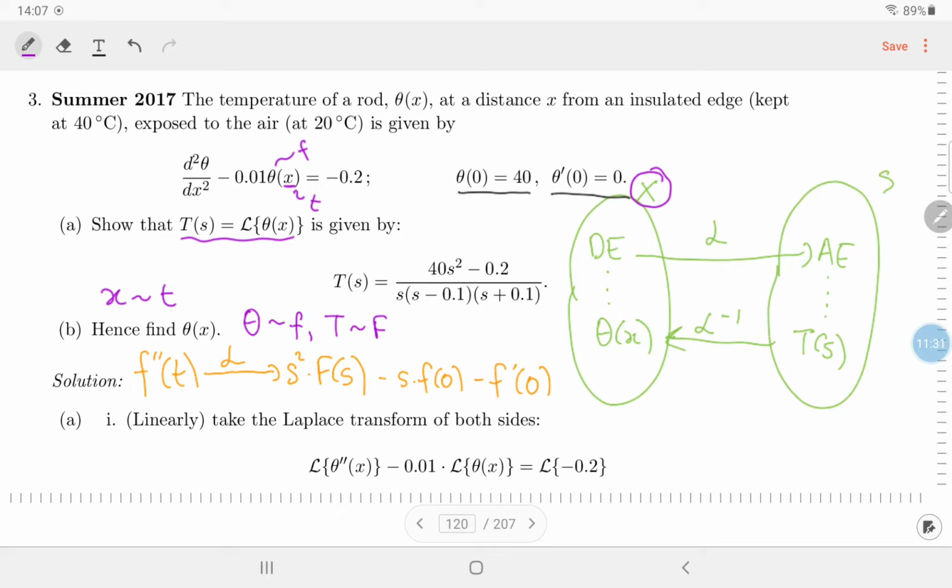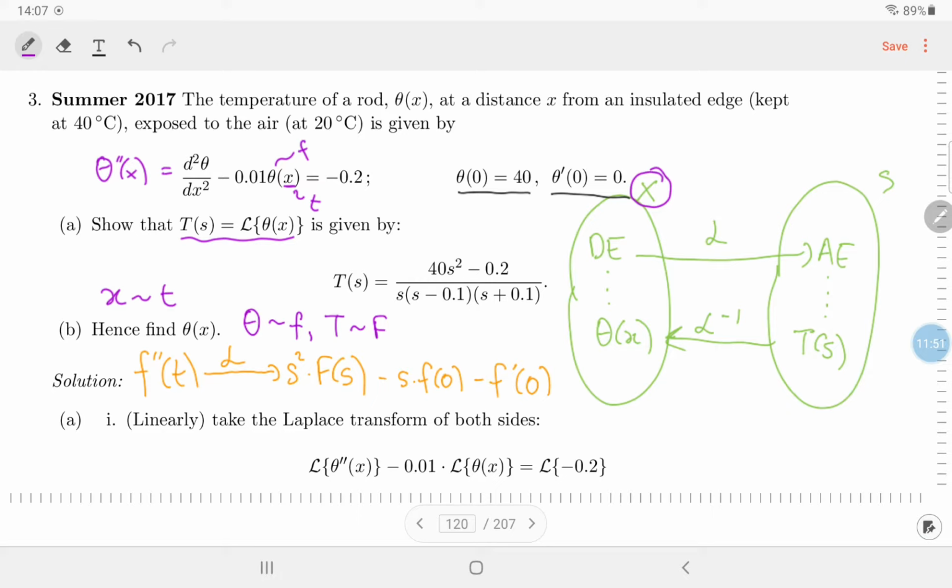And if you've got little f going to big F, you're going to have little theta going to, here, big T instead of big theta. And so the relevant formula is in orange here, because we have the second derivative. We'll be using that orange formula that is in the tables.